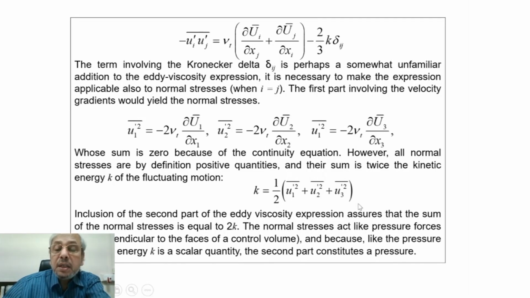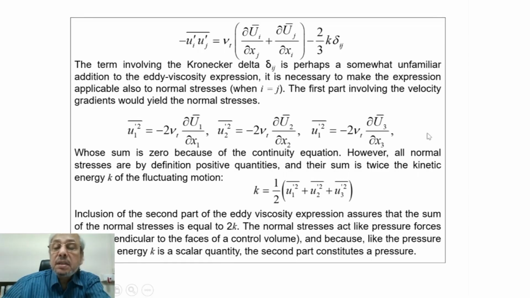This is the turbulent kinetic energy. So the kinetic energy of the fluctuating motion is what we are supposed to get when we add all normal stresses. But if we add all normal stresses here, we will get the continuity equation equal to 0.